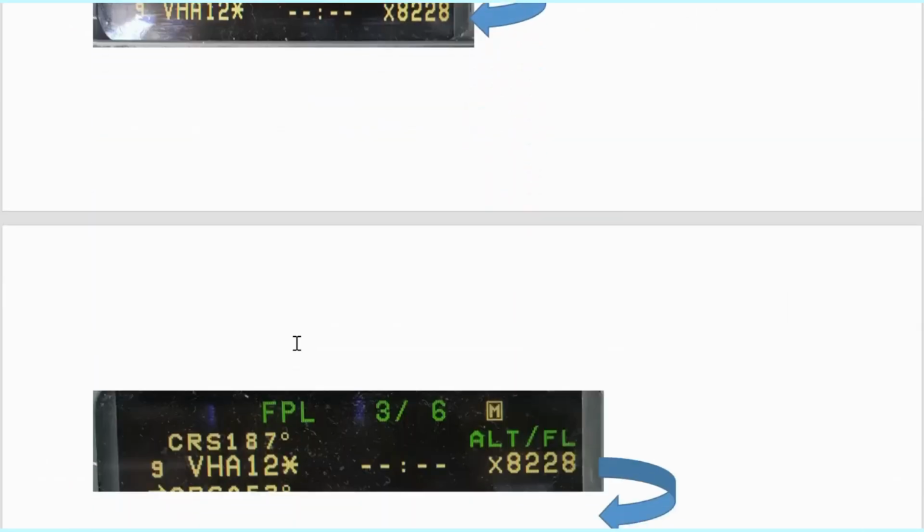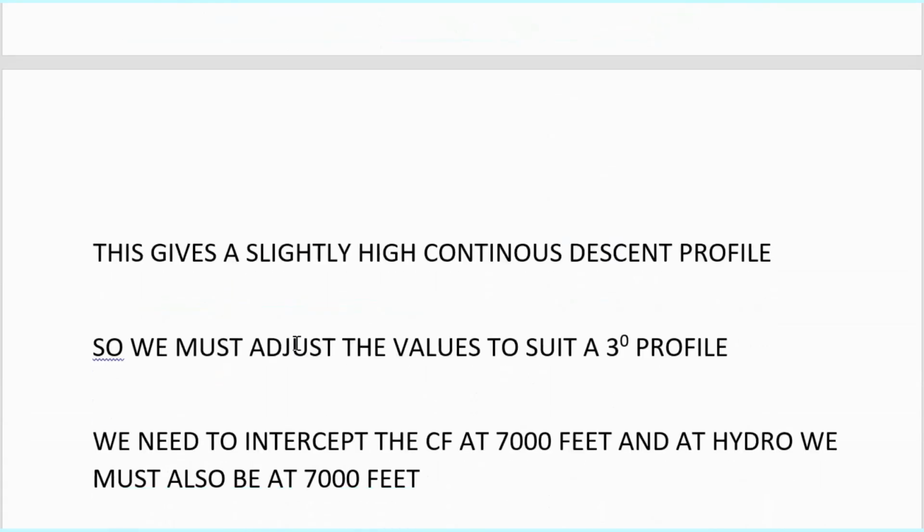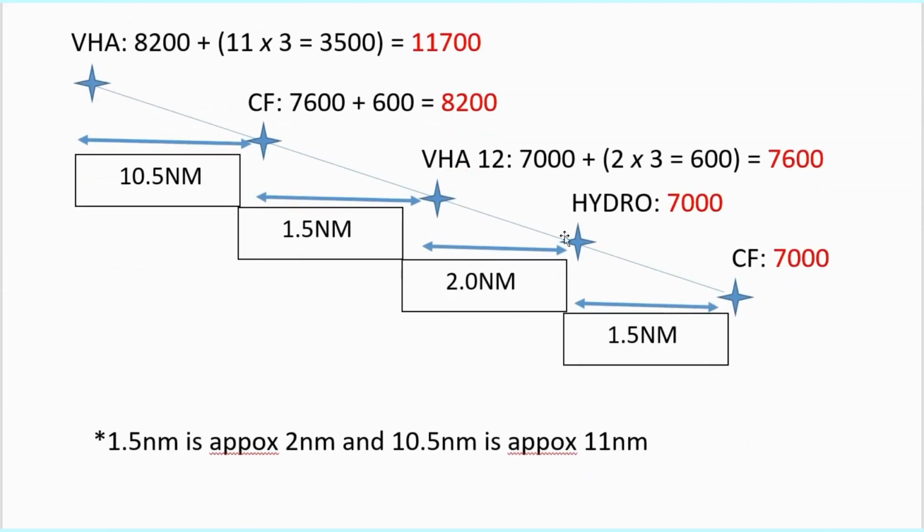Now let's look at other distance here. So from hydro to the Victor Hotel Alpha 12 nautical mile is 2 nautical miles. Okay, that's the whole loop. And from Victor Hotel Alpha to the center fix again is 1.5 nautical miles, and then from the center fix to Victor Hotel Alpha is 10.5 nautical miles.